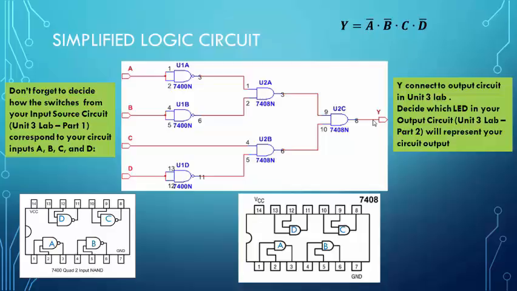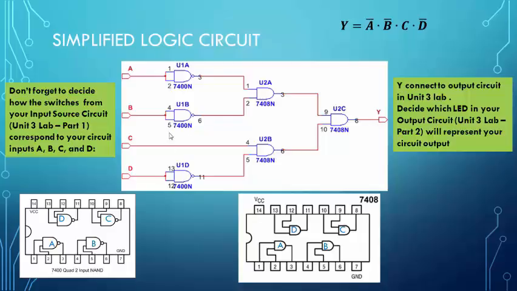So that's why finally you will get those four variables ANDed together. Similarly, you can see what kind of ICs we need. We need NAND gates and AND gates, so two types.